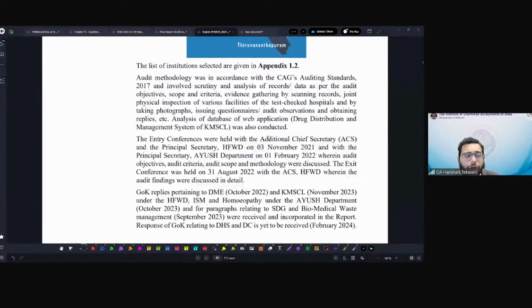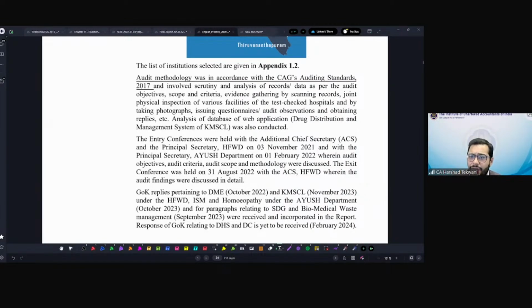Now coming to the auditing methodology, what they are saying is that the audit methodology was in accordance with the C&AG's auditing standard, 2017. Now, what is this?